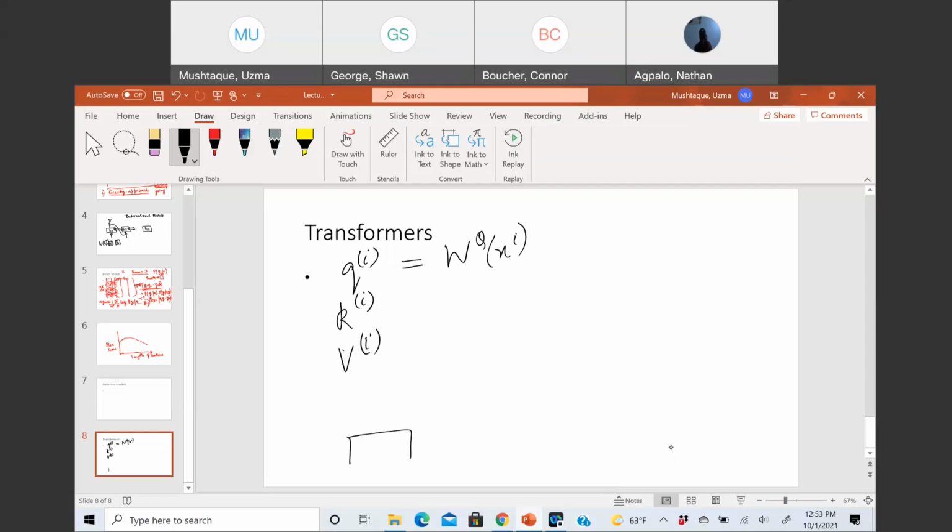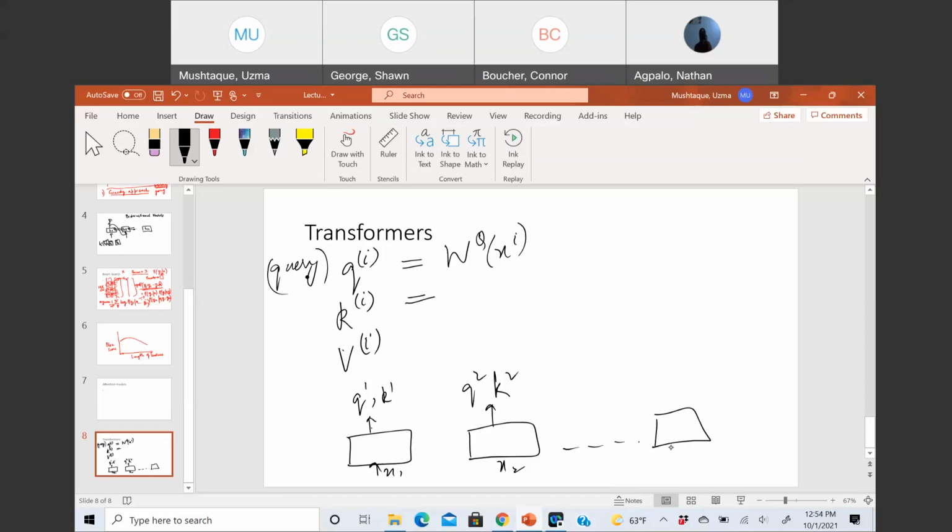So basically think about this network where I have X1, X2, and so on, right? And based on these, I'm getting these Q values. So Q1, K1, Q2, K2, and so on. And this is the query where I'm asking the question, what about that word, or where, or who.